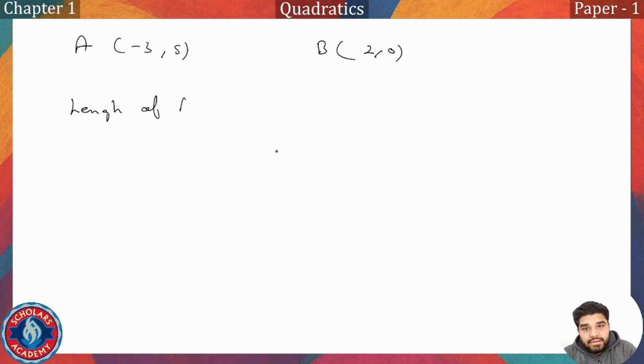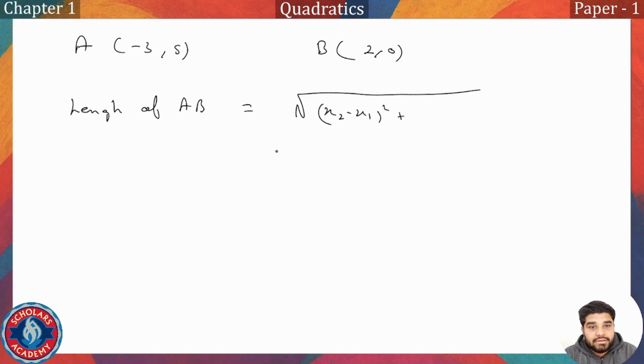Length of AB, we can use the distance formula over here. So the distance formula is root of (x2 minus x1) whole square plus (y2 minus y1) whole square. Alright, so this is our distance formula.